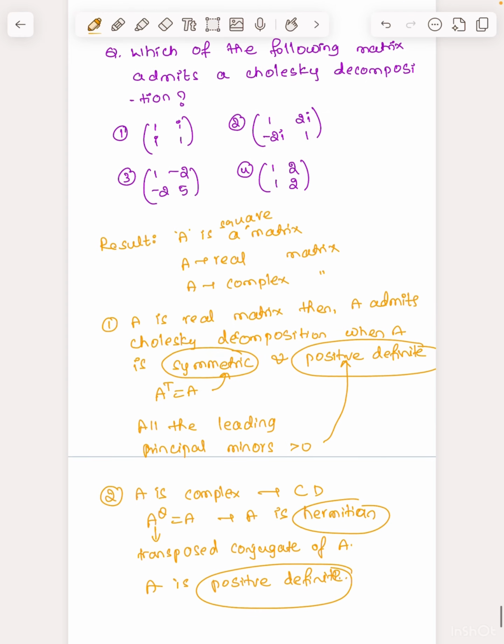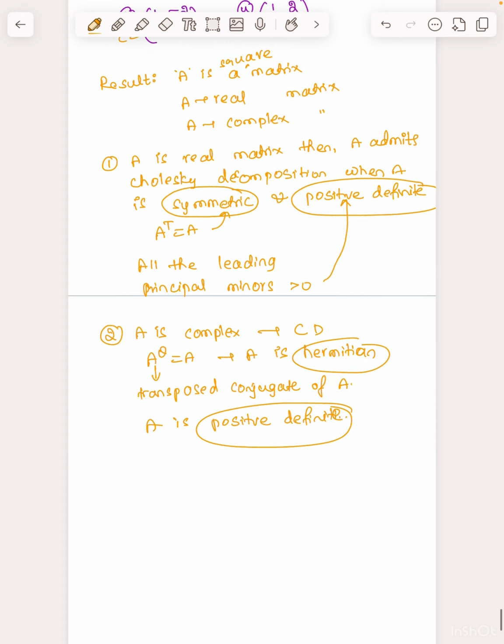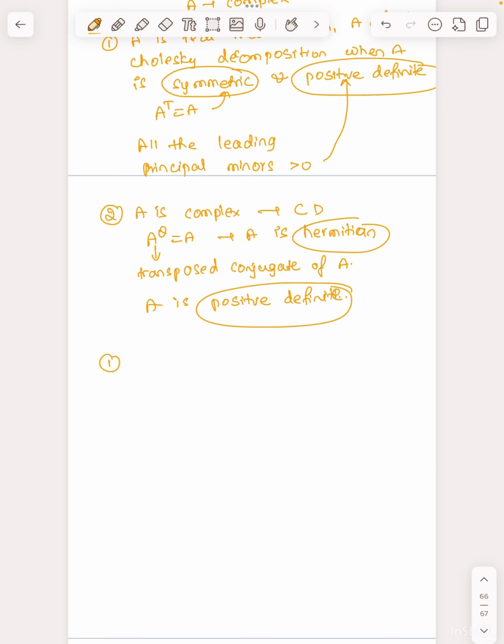Now we will see the options. Here we can observe the entries of the matrix in option 1. We can take it as A. It has some complex entries, therefore it is a complex matrix. So for a complex matrix to admit a Cholesky decomposition, first it should be Hermitian. Now consider A, which is 1, i, i, 1, in option 1. For A conjugate, we take the conjugate of each element.